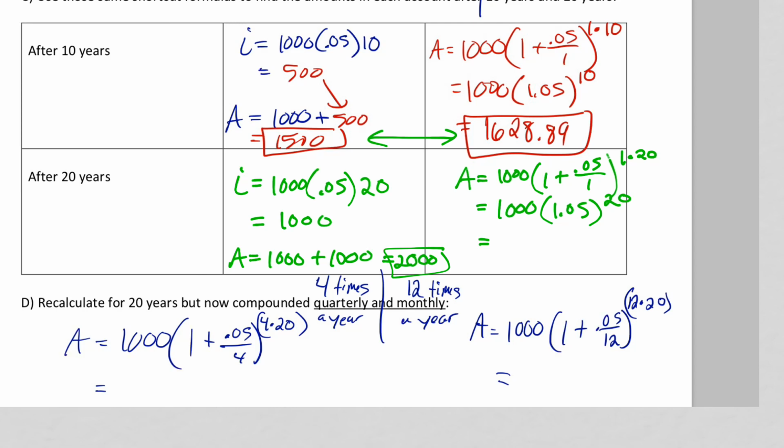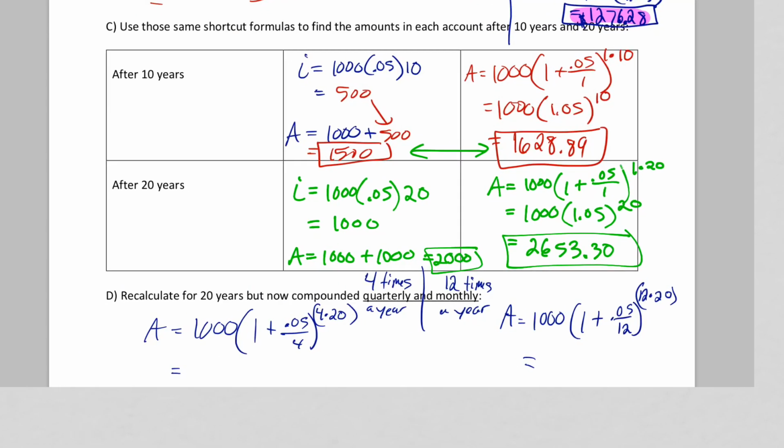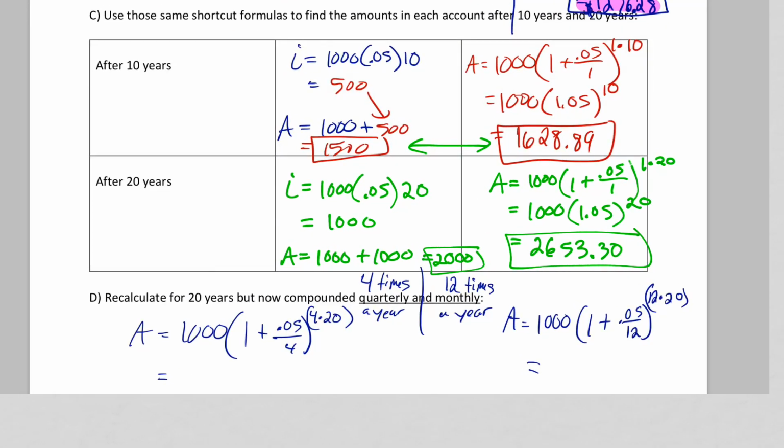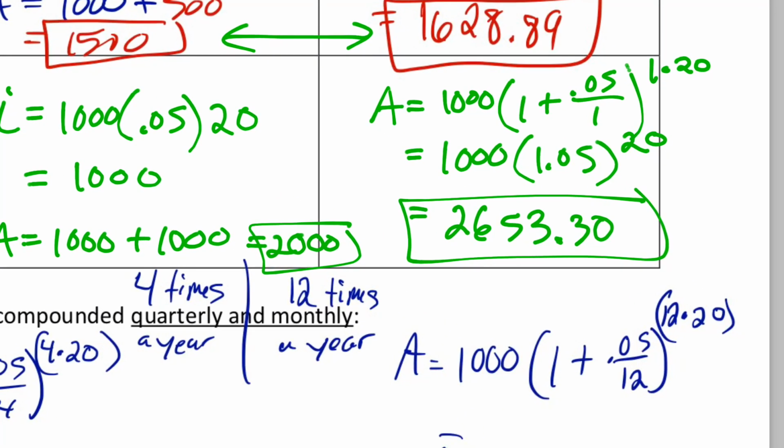Enter. And I get 2,653.30. Okay. So as you can see, we've made much more money after 20 years in compound interest than we did in the simple interest, okay, with those two amounts.